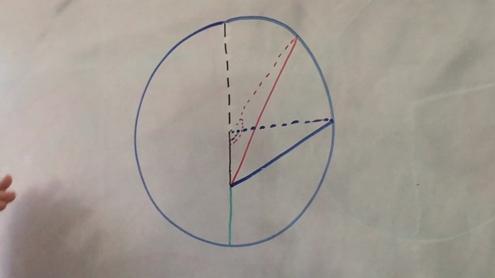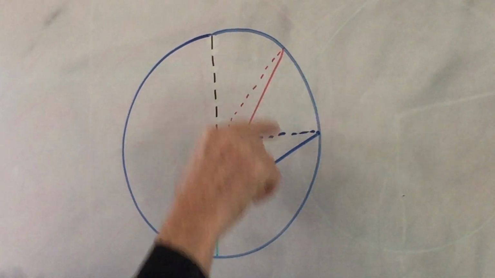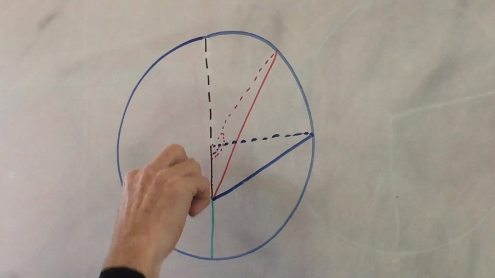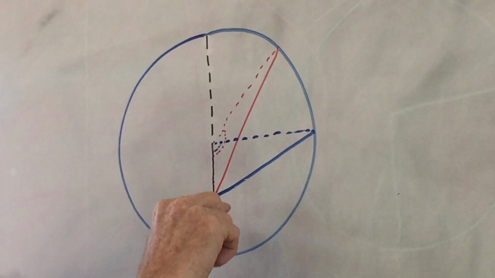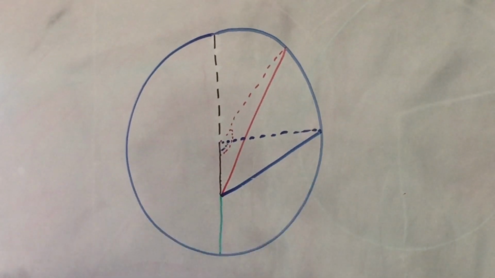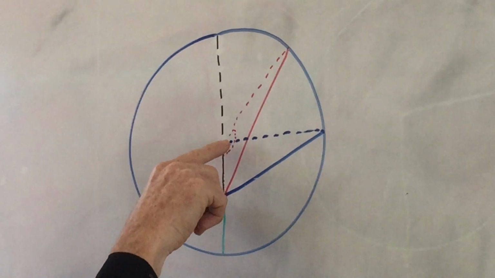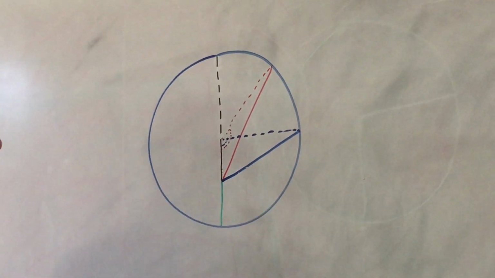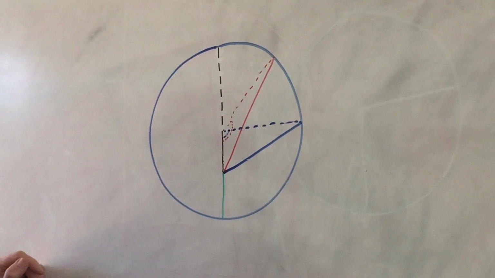As we know, if you have two triangles such that two sides are equal to two sides and one angle is greater than the other, the base opposite that greater angle is going to be greater than the base opposite the lesser angle.